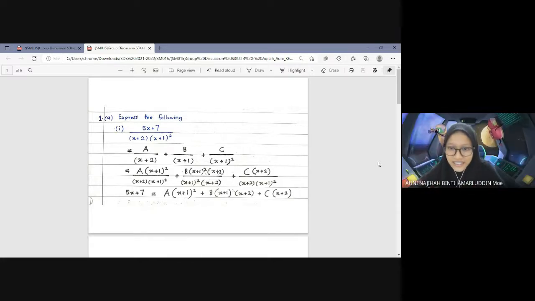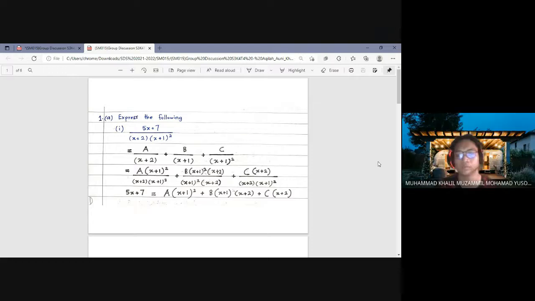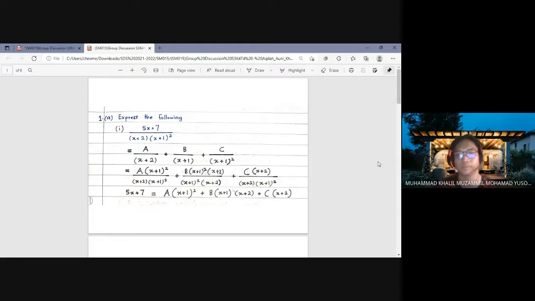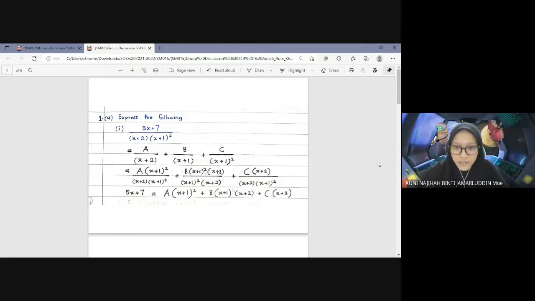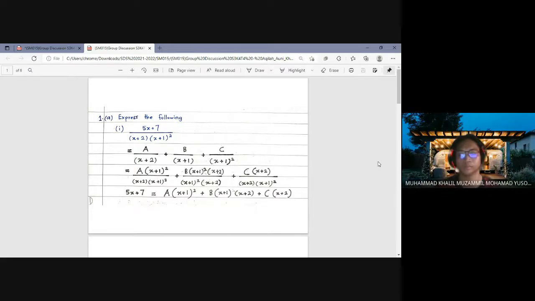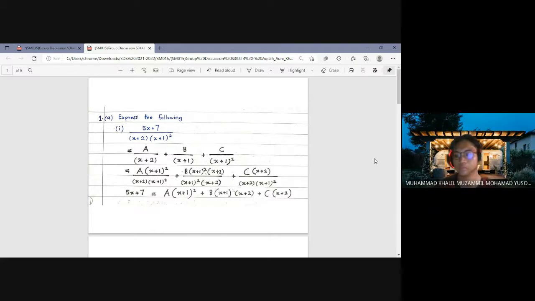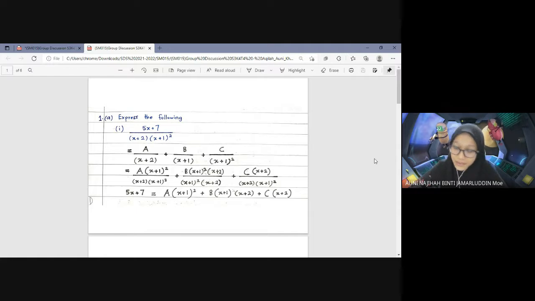So a times x plus 1 squared per x plus 2, and so on for b and c. So next we get 5x plus 7 equals a times x plus 1 squared plus b times x plus 1 times x plus 2 plus c times x plus 2, and so on.